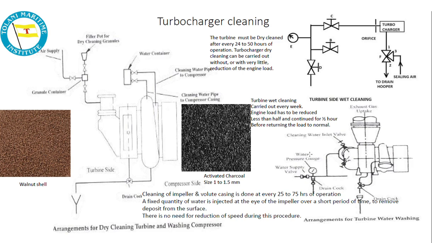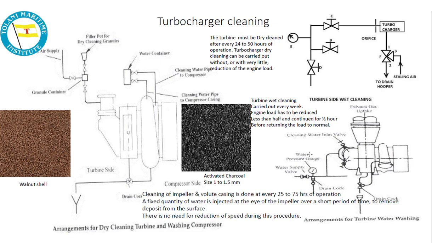The engine is run for a further 20 minutes at slow RPM to dry out the turbine. Before increasing RPM, the drain is shut and any abnormal vibration must be observed.